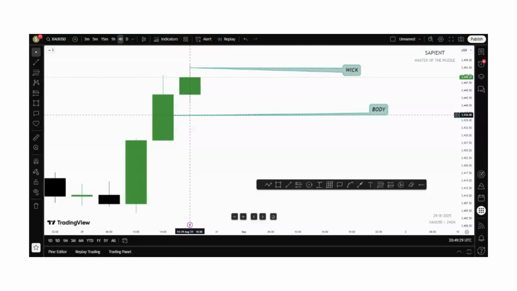Okay, let me do it this way. Place only one hand on the table, then put it up. What do you notice? Your hand went from the bottom to the top. Your hand went up. Now picture that movement as a buy candle.